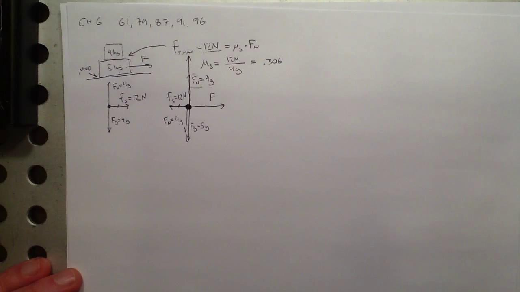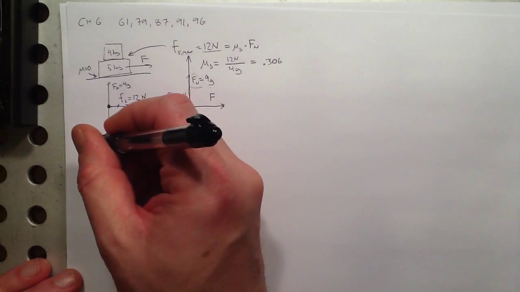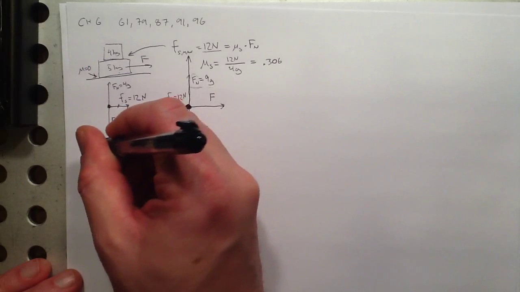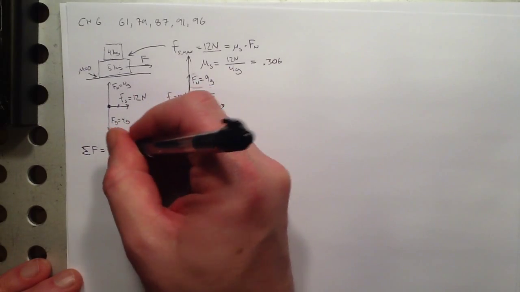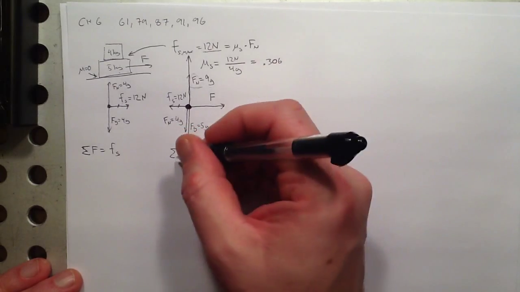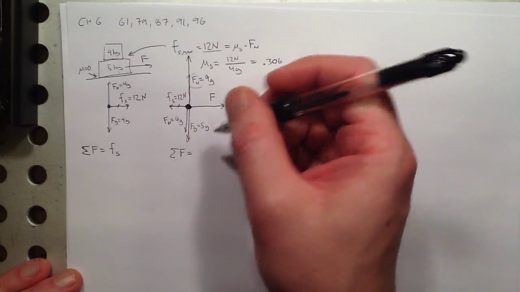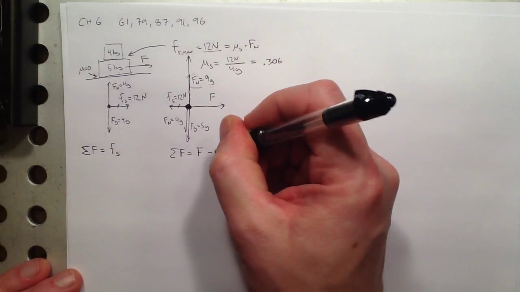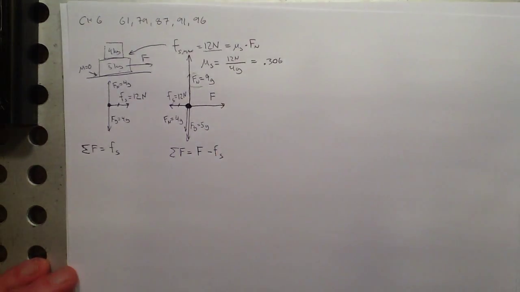Okay, welcome back if you paused. So here I'm going to do the next step. Sum of all forces on this block, it's just that static frictional force. Sum of all forces on this block, we have the force F, that applied force, minus that static frictional force.